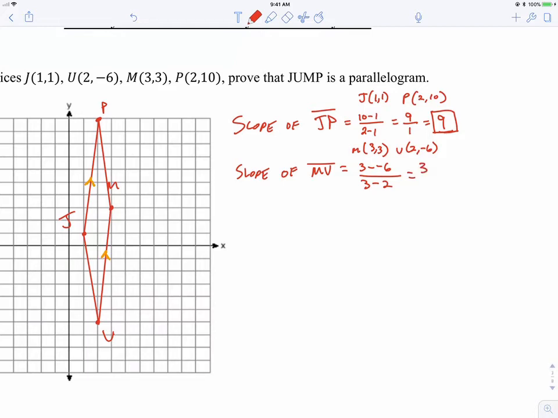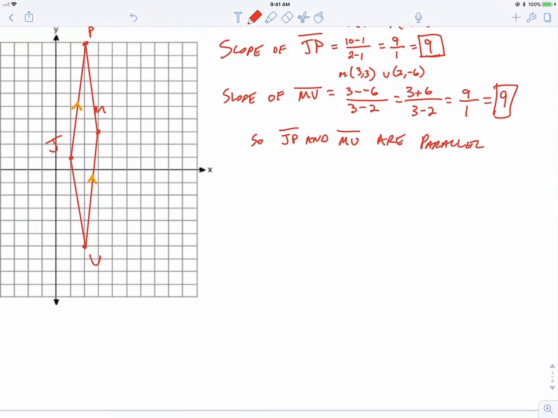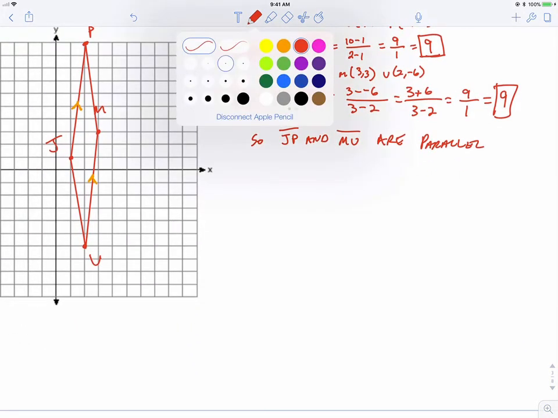So a 3 minus a -6 becomes a 3 plus 6. So I get 9 over 1, which is 9. That shows that those are indeed parallel. That makes it a trapezoid: one set of parallel sides, but we're trying to prove parallelograms. So now let's look at the other sides here.